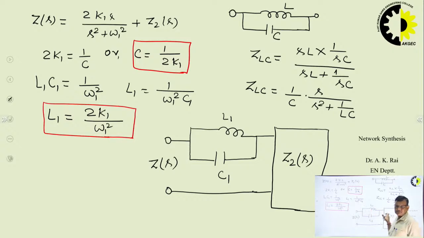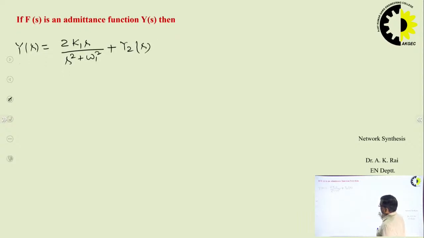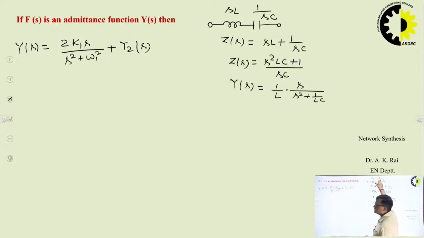And then for Z2, we look at whether there is a pole at infinity or pole at origin, then we can carry out. Then if F(s) is an admittance, what we will do is write the L and C in series. So, Z(s) is equal to Sl plus 1 by Sc, and take the Y(s).